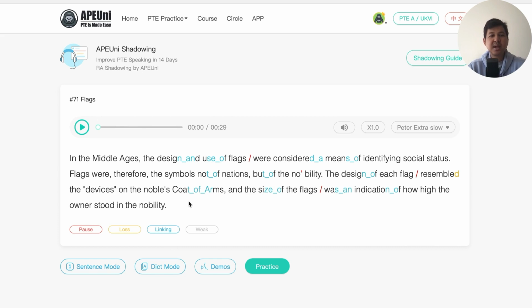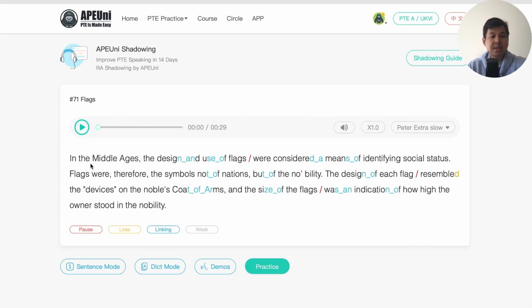In some questions there is no linking at all, but for this question there are so many linkings that we have to perform to show the algorithm, the AI, that I know how to read aloud, I know what you're looking for. So for this question we have to focus a lot on the linking words together.